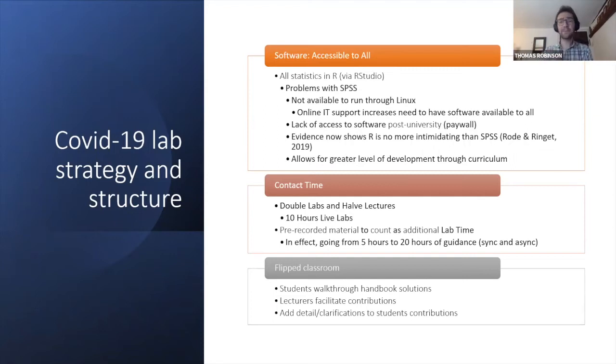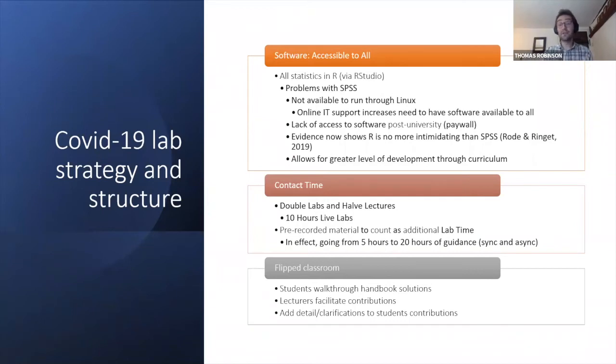And actually, despite the fact that we all know that R has a really high learning curve in the early stages, primarily because it's more of a programming language than a drag and drop, click on the screen type SPSS experience, once you get over that very steep initial learning curve, it levels out pretty quickly.